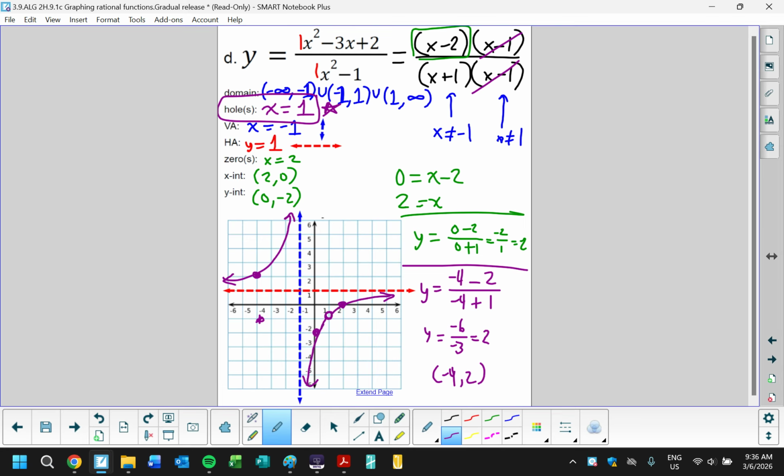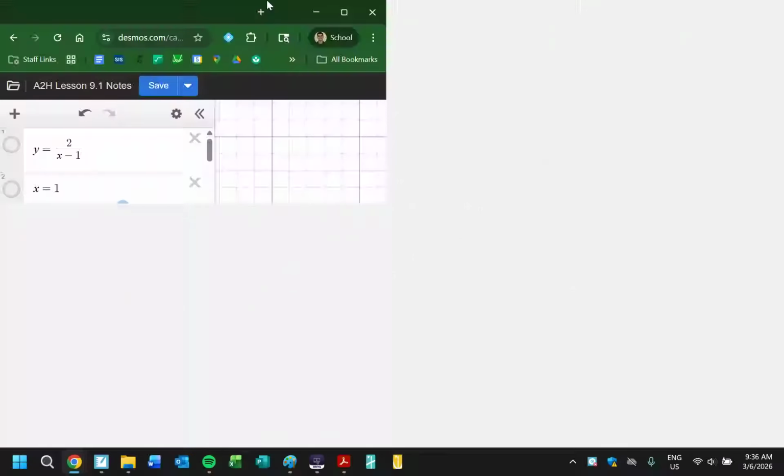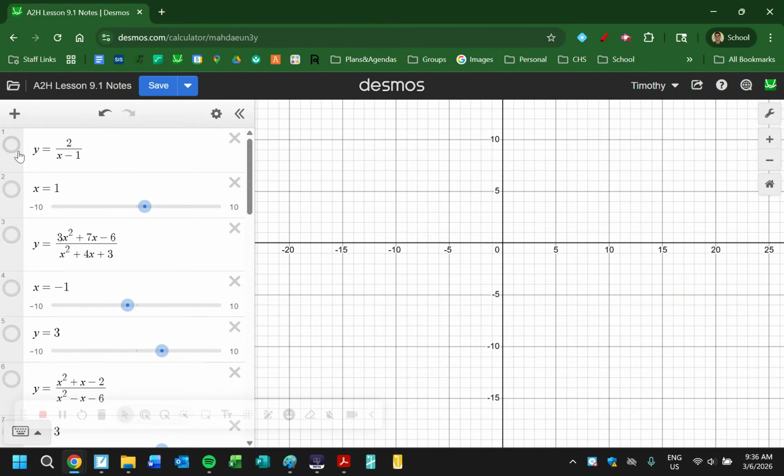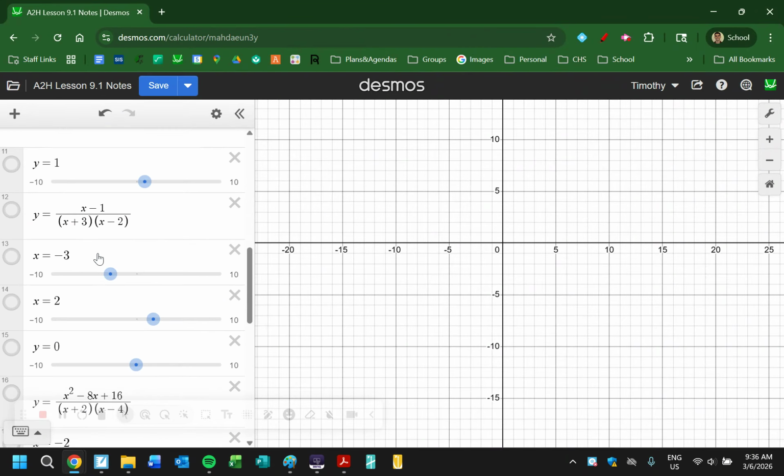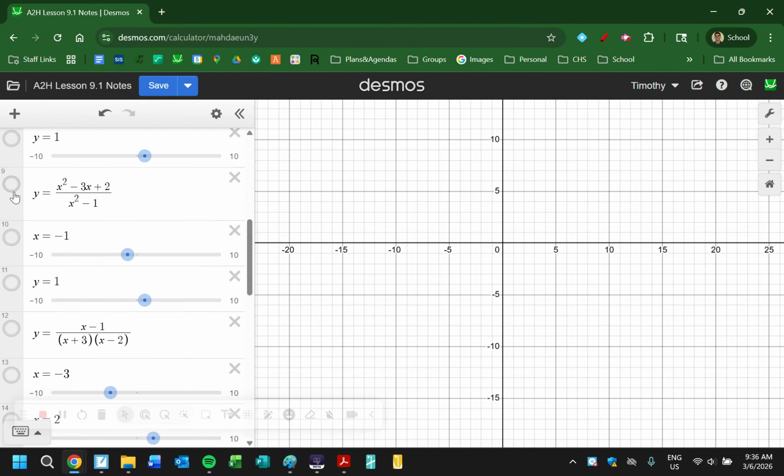Speaking of, if you ever get totally jammed up, you can go to that graphing calculator and you can test your points. Or excuse me, you can just graph it out. So for instance, if I come over here and test what we just did, let me find the one that says x squared minus 3x plus 2 over x squared.